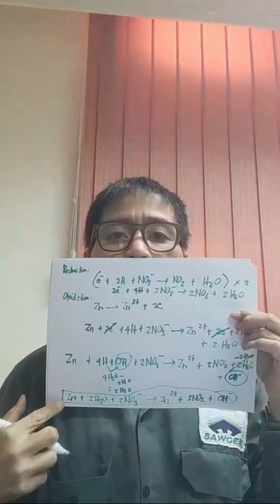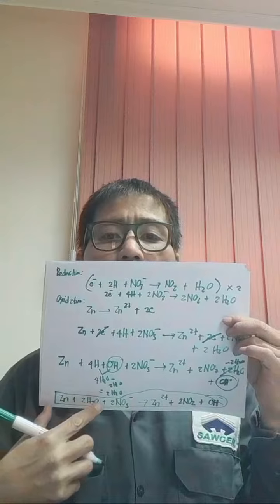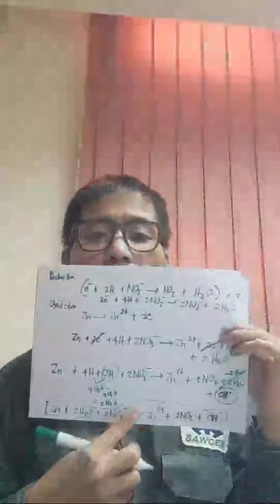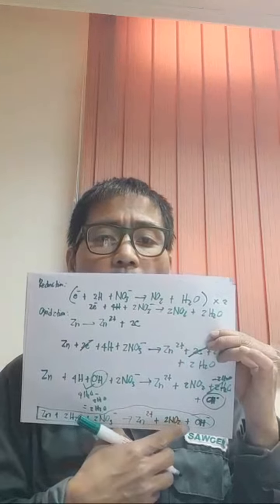So zinc plus 2 moles of water plus 2NO3- equals Zn2+ plus 2NO2 plus OH-. This is our final redox equation here.